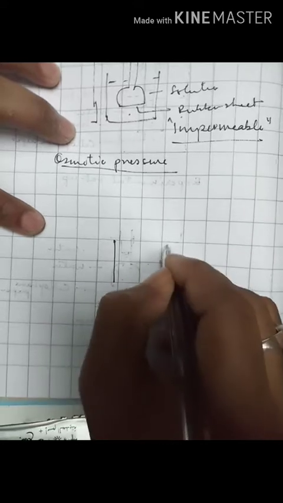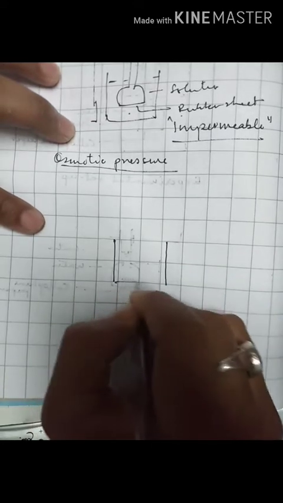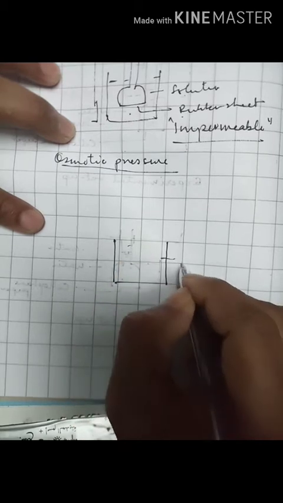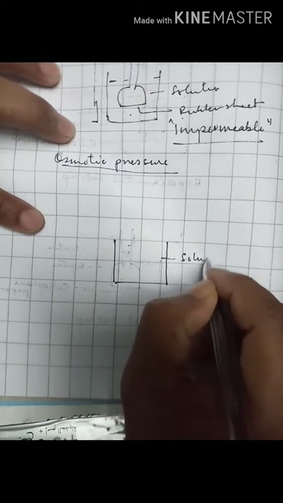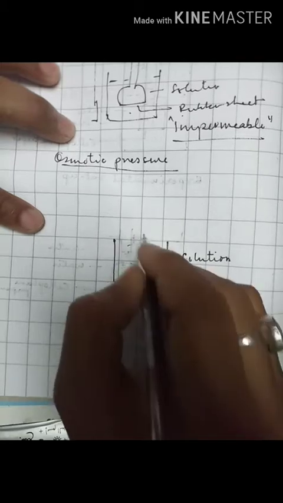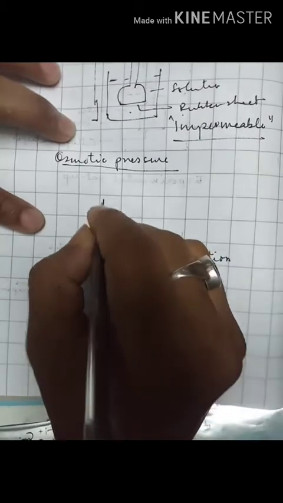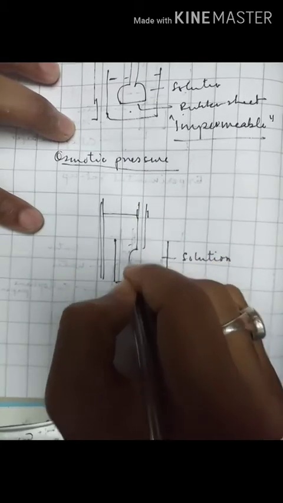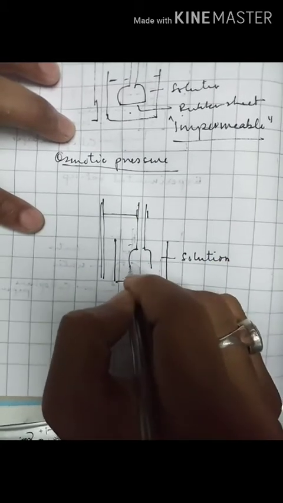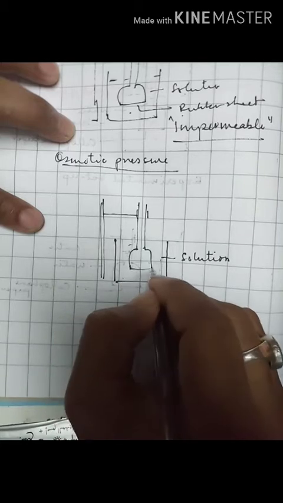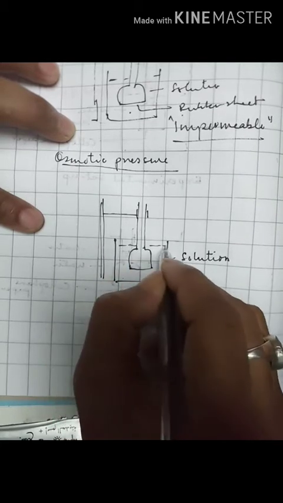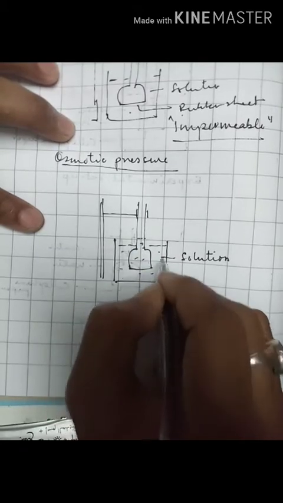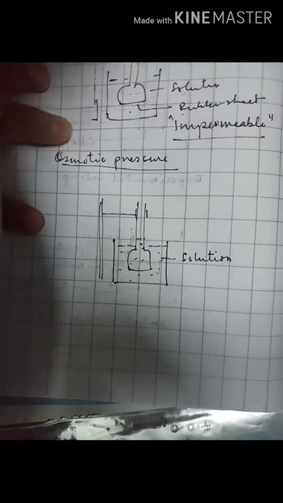Again, we will take the same experiment. Beaker containing solution. Place one Thistle funnel in an inverted position. Close the mouth of the Thistle funnel with a semi-permeable membrane. Mark the level of water in the Thistle funnel.